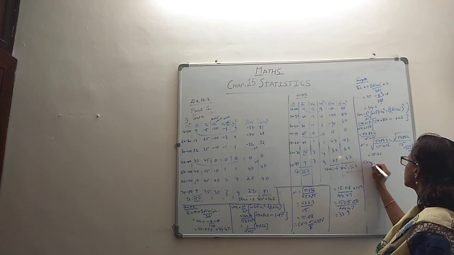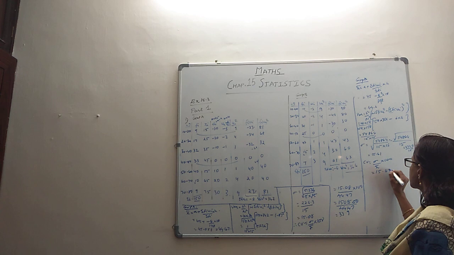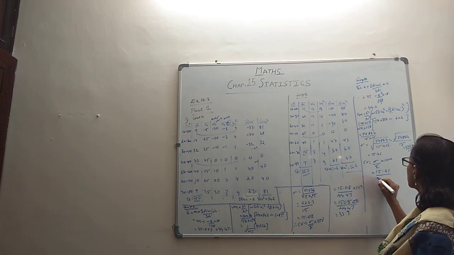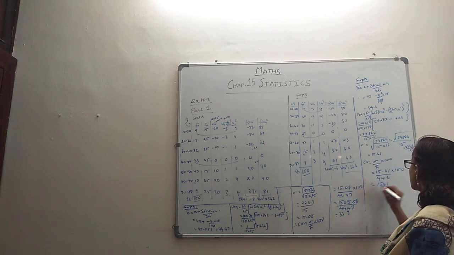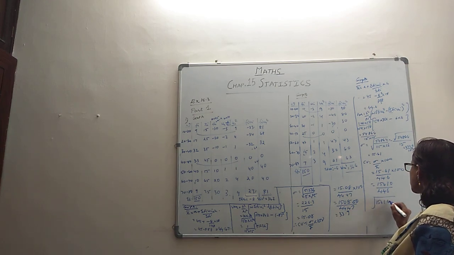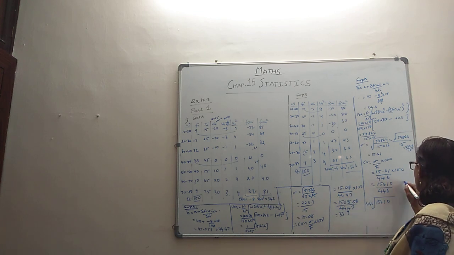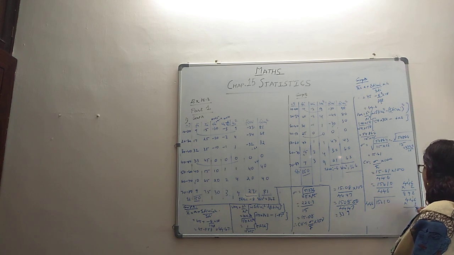Now CV equals sigma by x bar into 100. Sigma is 15.61, x bar is 44.6, into 100. So this is 1561 with 0. Okay, so let's divide this. 15610 by 446. Let's have certain things ready. 2 times 12, 9, 8. 3 times 12 and 1, 13.